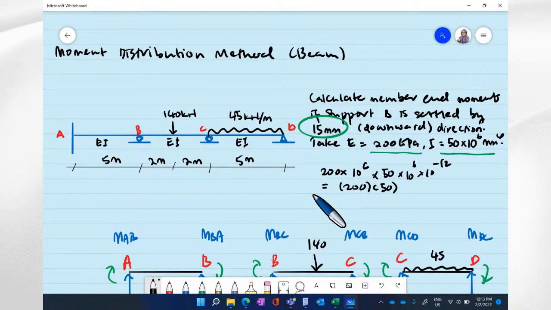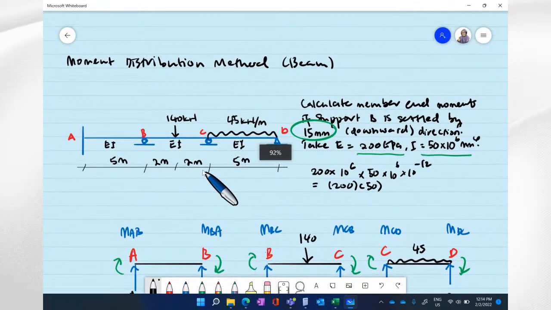And member CD has UDL, uniformly distributed load, along member CD of magnitude 45 kilonewton per meter. Total length is 14 meters. AB is 5 meter, BC is 4 meter, CD is 5 meter.